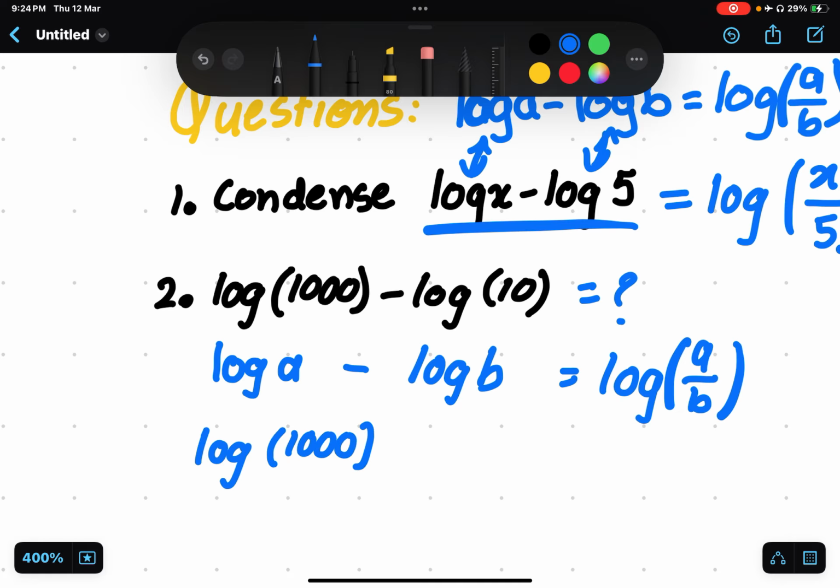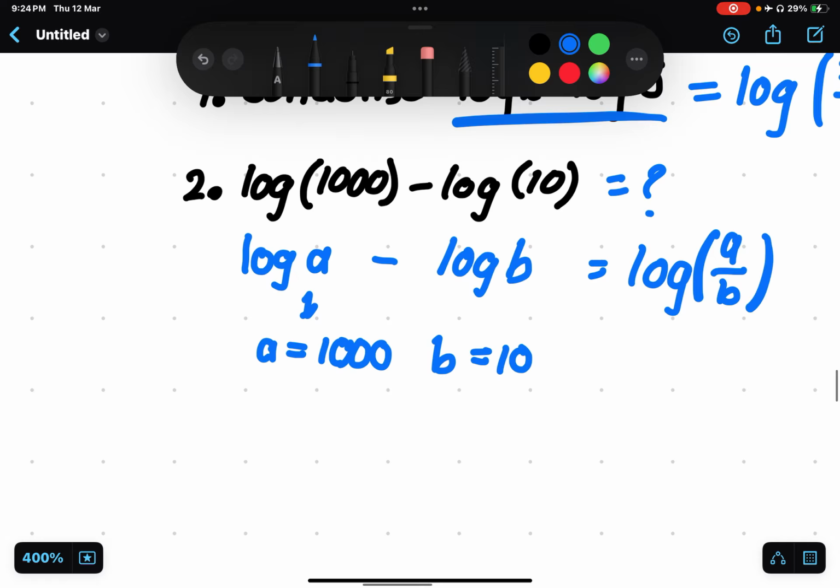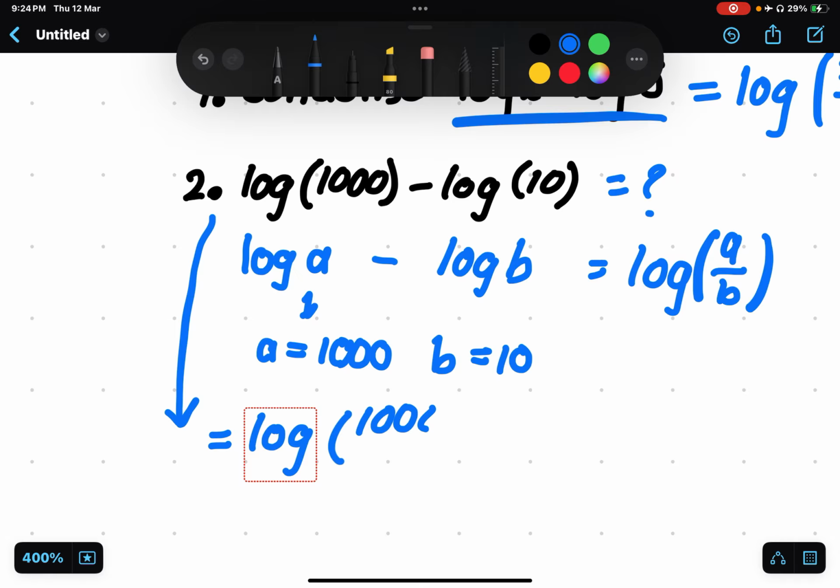So that's why what we can do is this is equal to log 1000. So that means our a is equal to 1000 and our b is equal to 10. Yeah, so this whole thing is equal to log 1000 divided by 10.